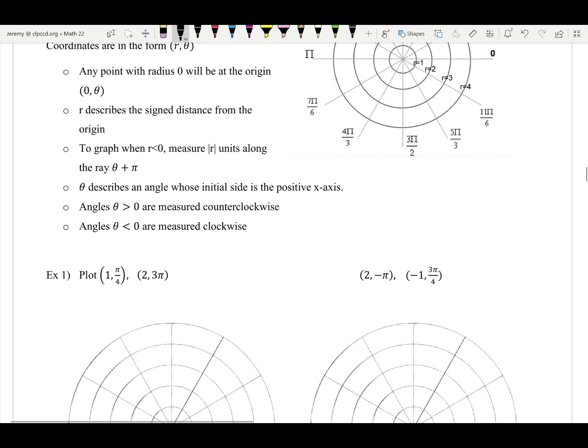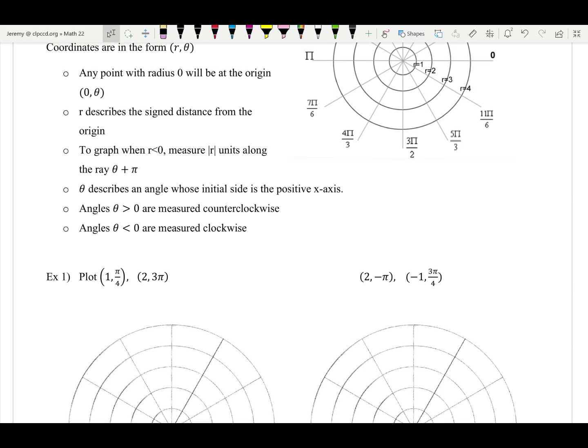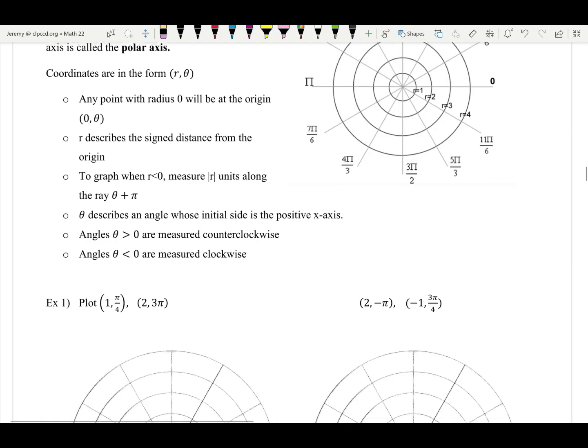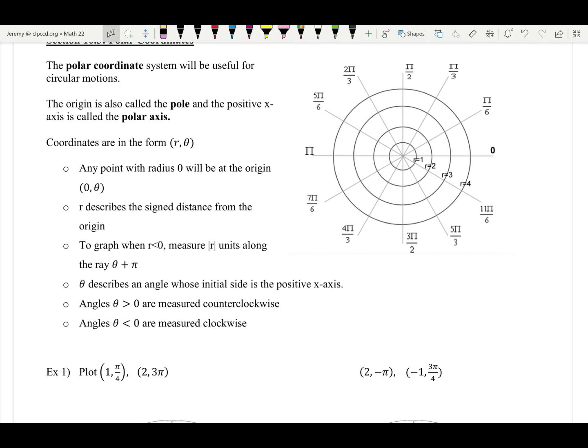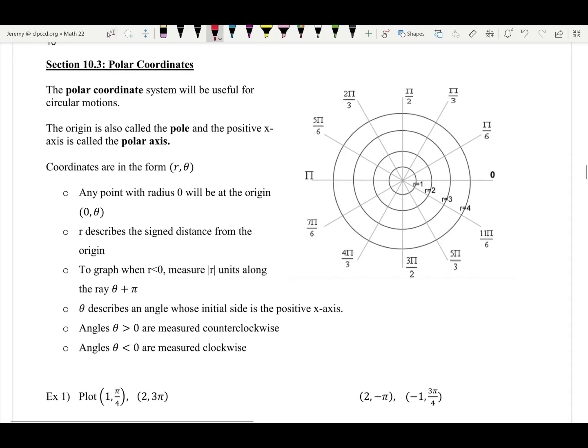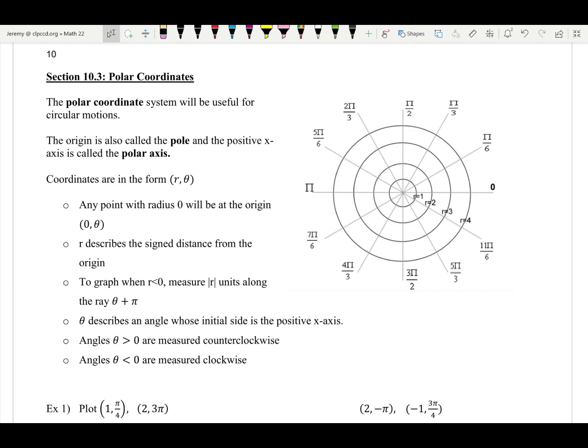To graph when r is less than 0, because sometimes we could have a radius value that is negative, what we're going to do is count units along the ray theta plus pi. Just a really quick example, if we're looking at the ordered pair negative 1, pi over 2, we'll find that angle, there's pi over 2.